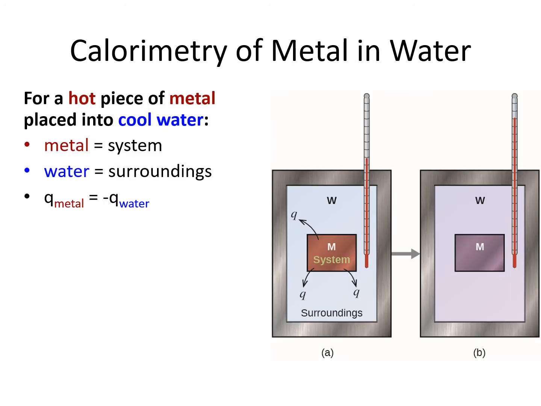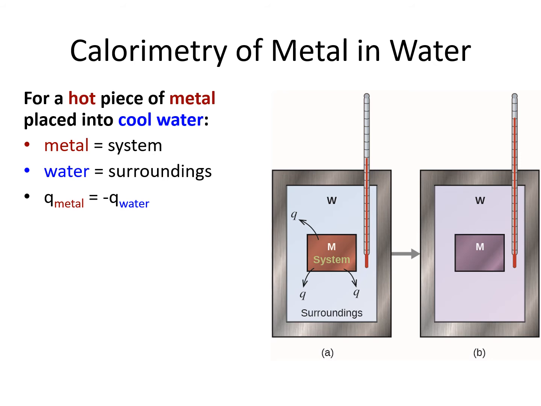So we're going to do some calculations related to calorimetry. One of the common types of experiments that students do is placing a hot piece of metal into cool water and measuring the heat involved in the transfer from the hot metal to the cool water. So in this example, the metal would be the system.